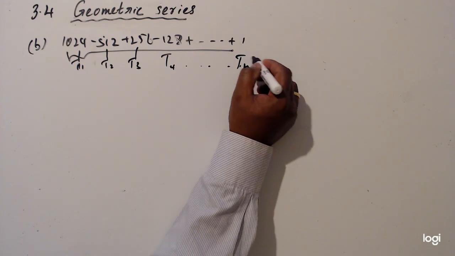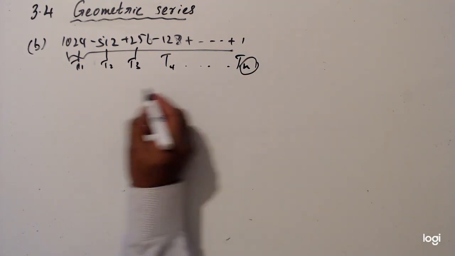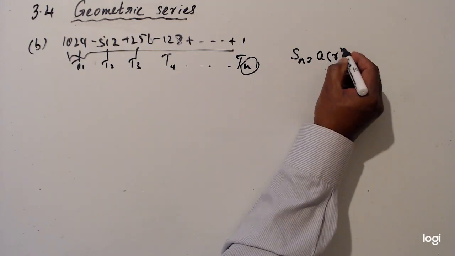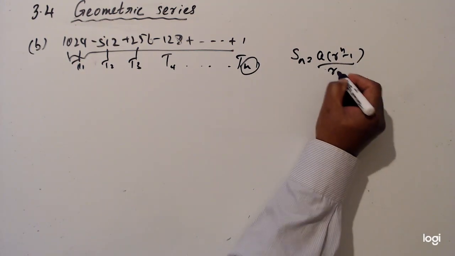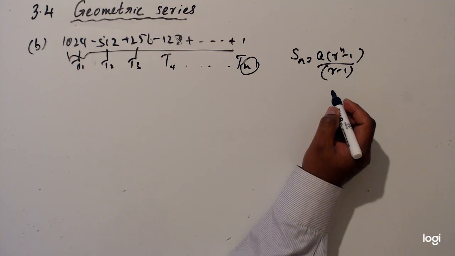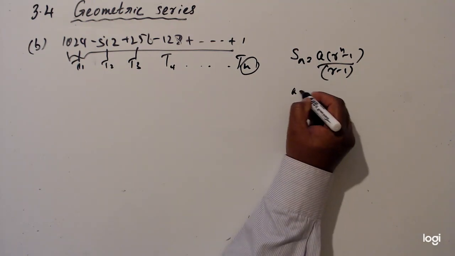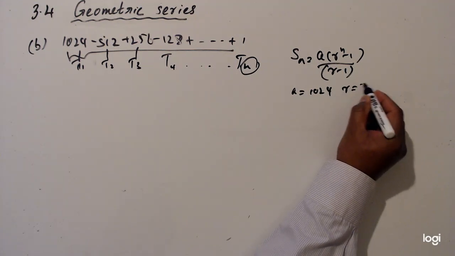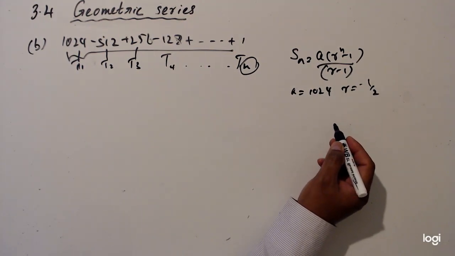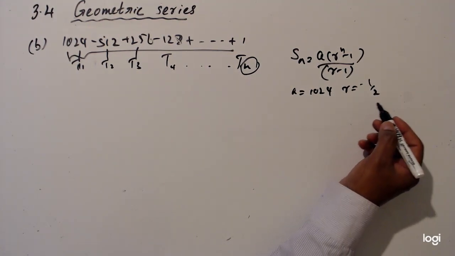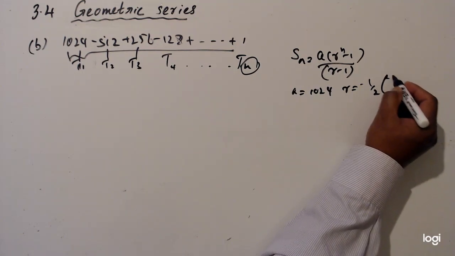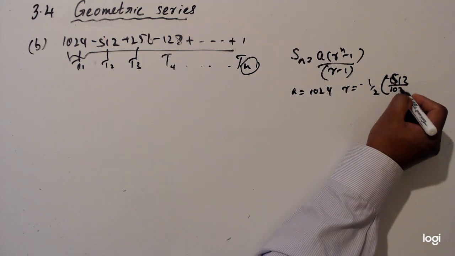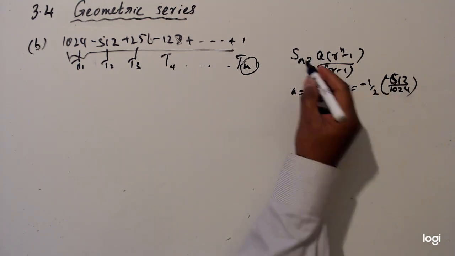So we need to find the nth value to apply the equation Sn equals a(r^n minus 1) over (r minus 1). Now we know that a equals 1024 and r is minus half, because minus 512 divided by 1024 is minus half.